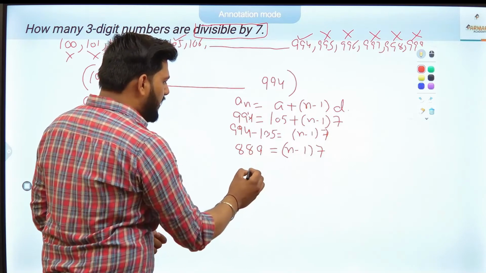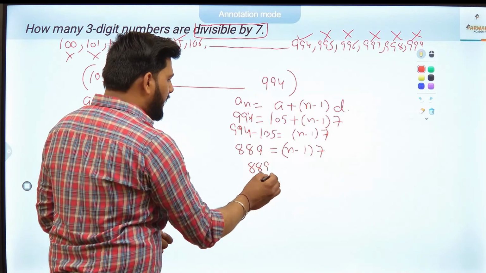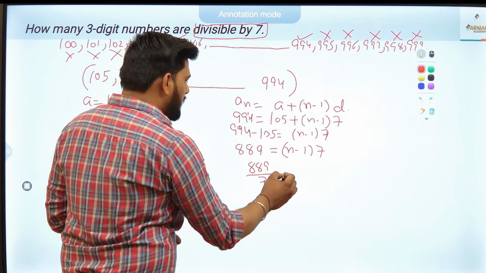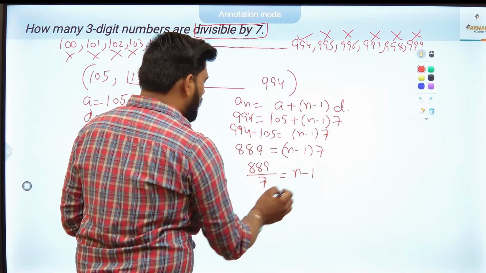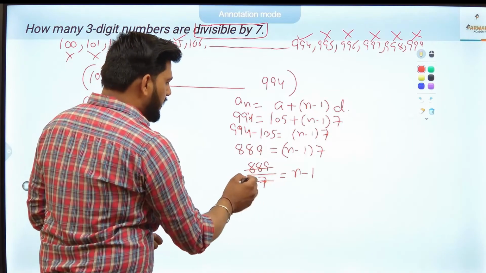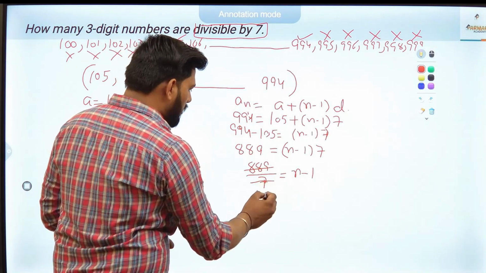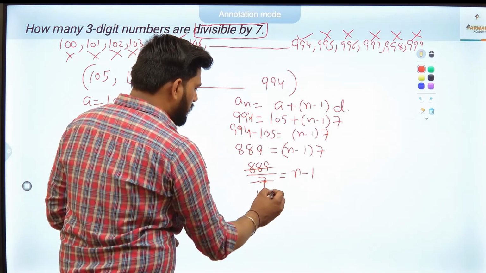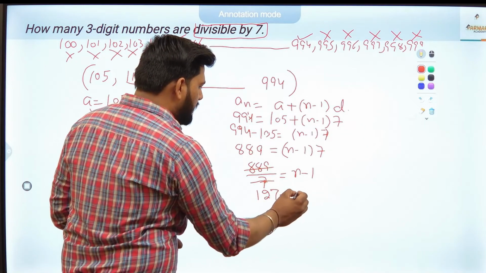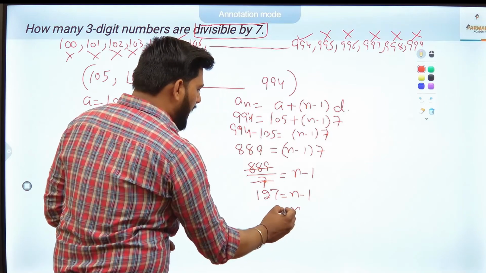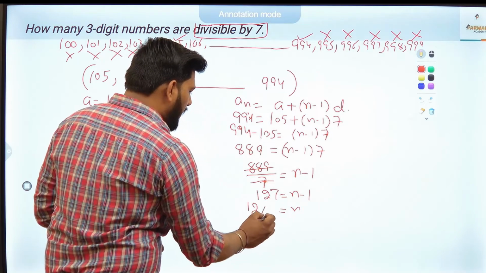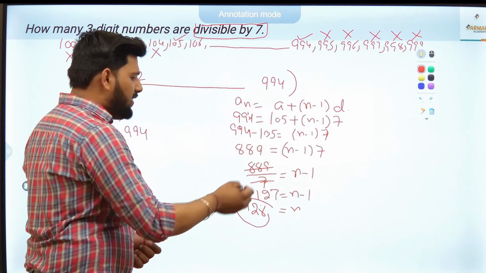So 7 get divided this side. 889 upon 7 is equal to n minus 1. Now divide, that is equal to 127. So value of n is 128. 1 get added this side.